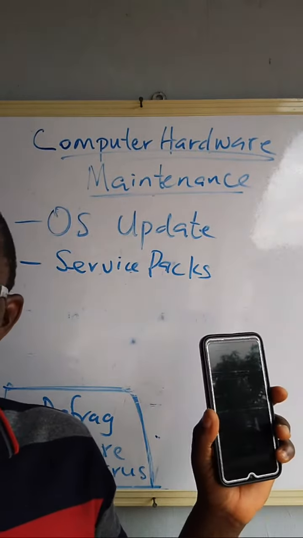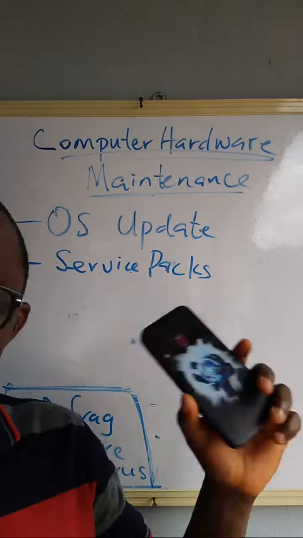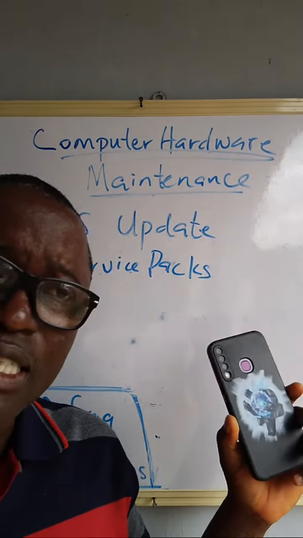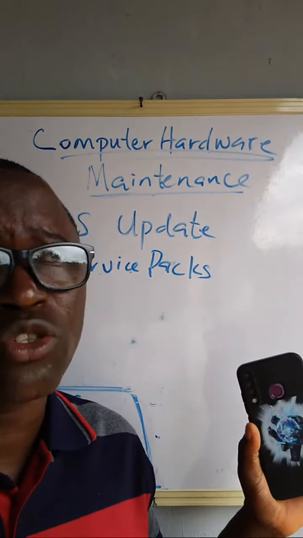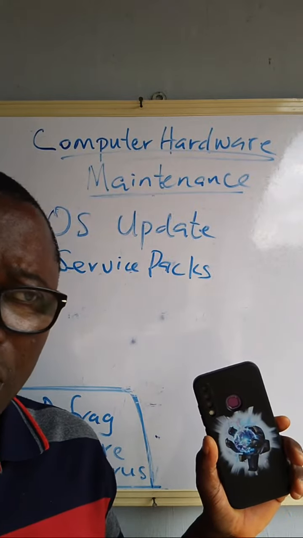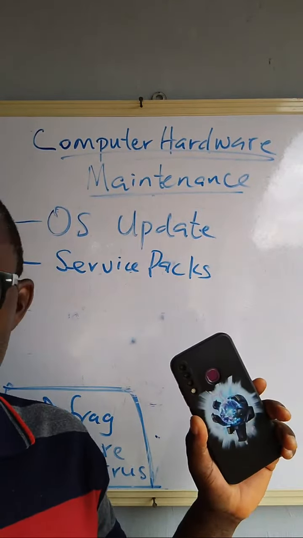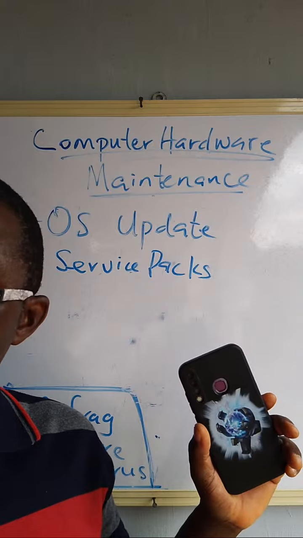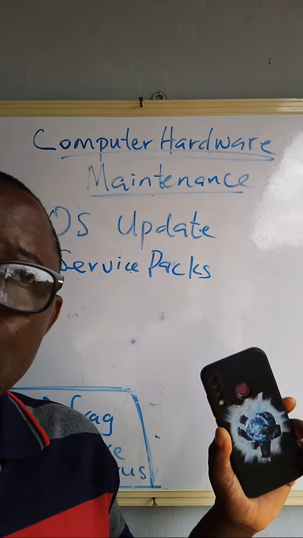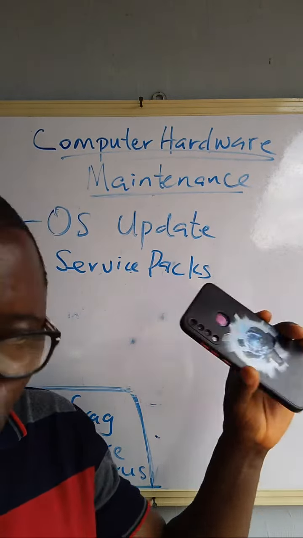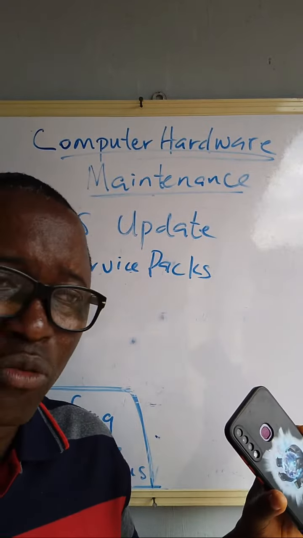Even our small smartphones that we carry up and down like this, if you want it to be very effective, what you need to do is from time to time check the system function whether there is an update to your operating system. If you are using an Android, from time to time the supplier produces updates to your software. The particular one you are using on your phone, we have an update.